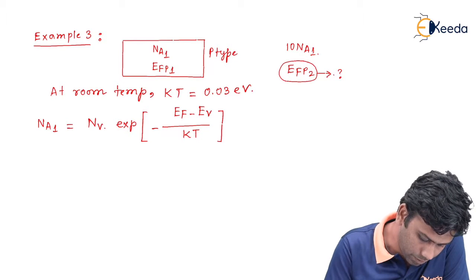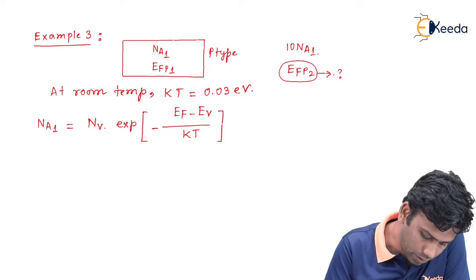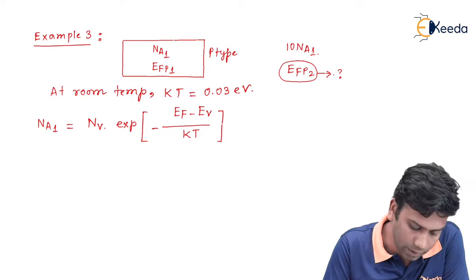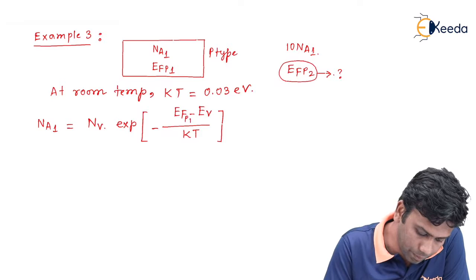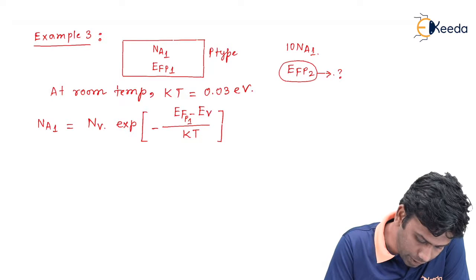So for the Na1, the Fermi level position is at EFP1.